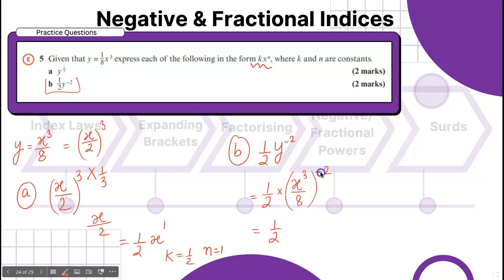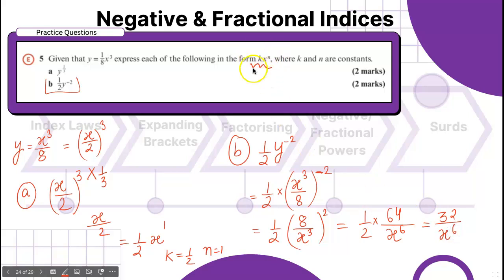A negative indices, to make it positive, we're going to be flipping the fraction and it becomes like this, right? So we can write a half times 8 squared is 64 and x cubed squared is x to the power 6, right? So that is going to be 64 over 2 is 32 over x to the power 6.